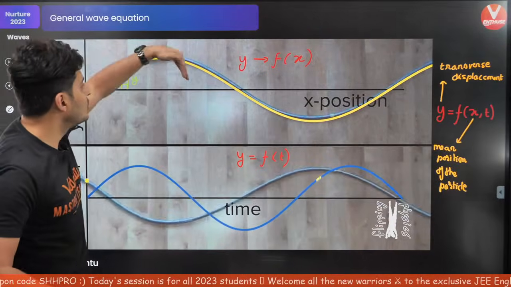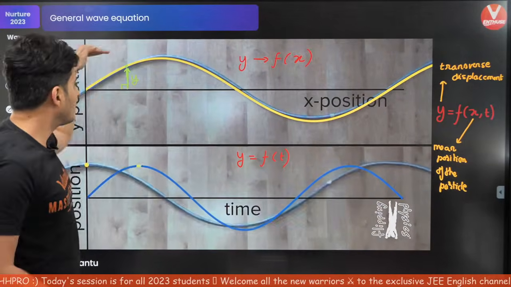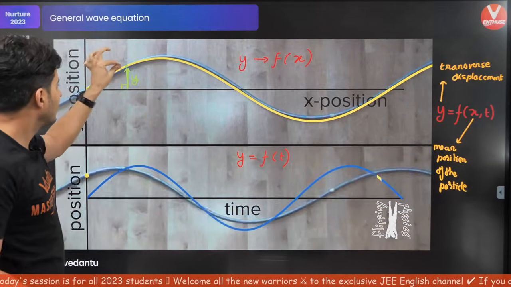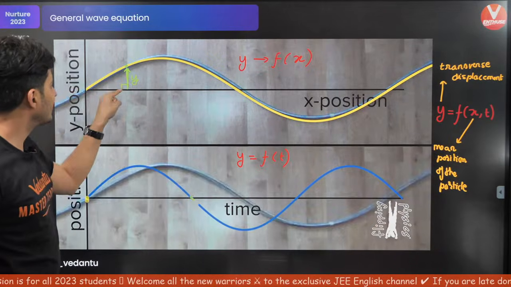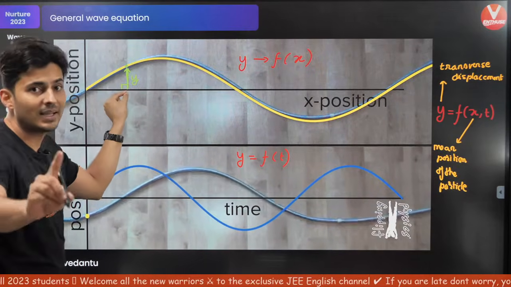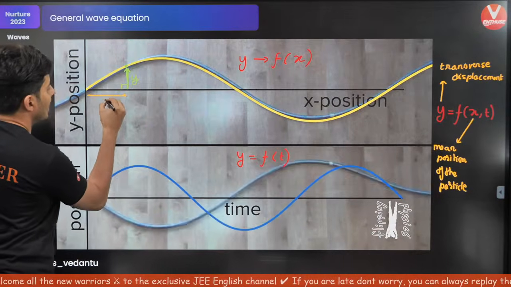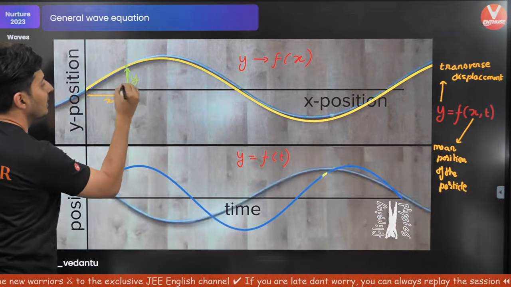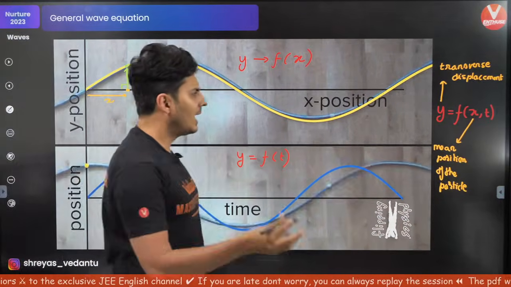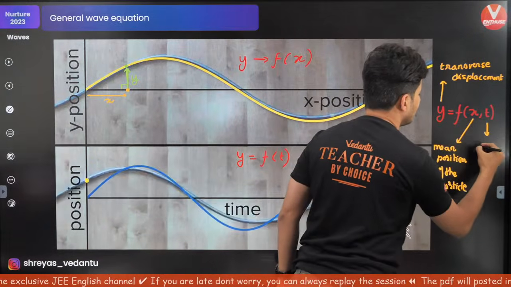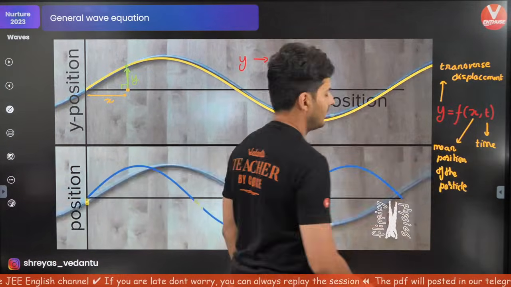Because if there was no wave going over the string, this particle would be here, which is exactly the position of such a particle. This is that coordinate x which I am talking about. This is where the particle would be without the wave. And t obviously stands for the time at which you are looking at it.